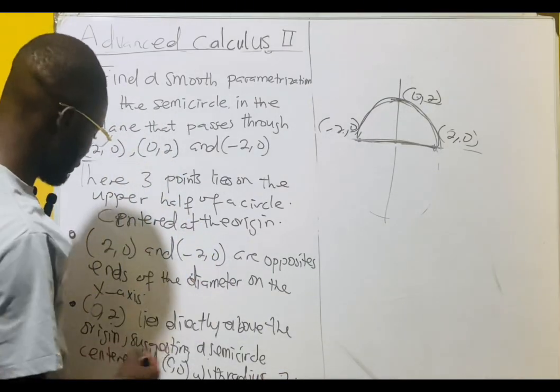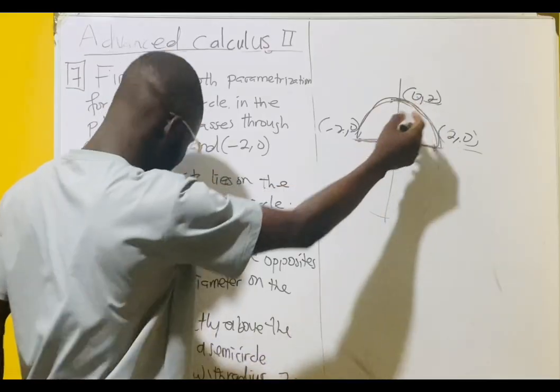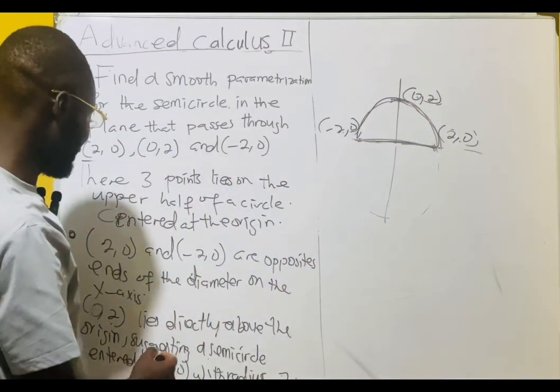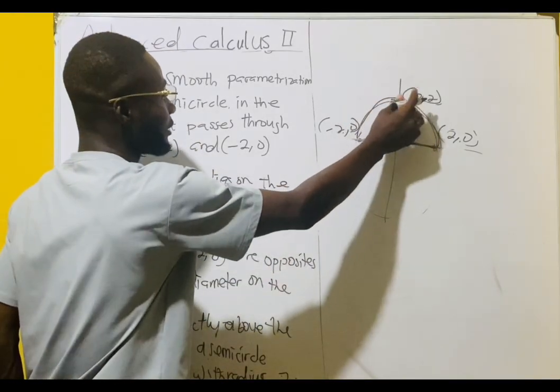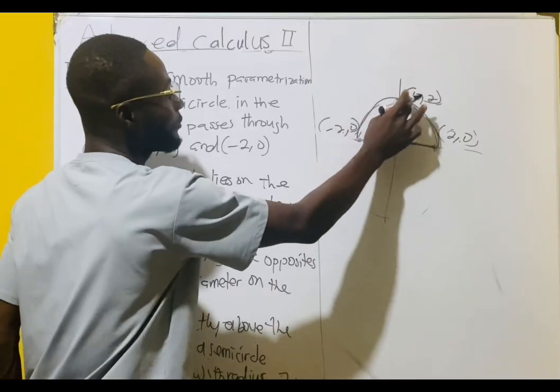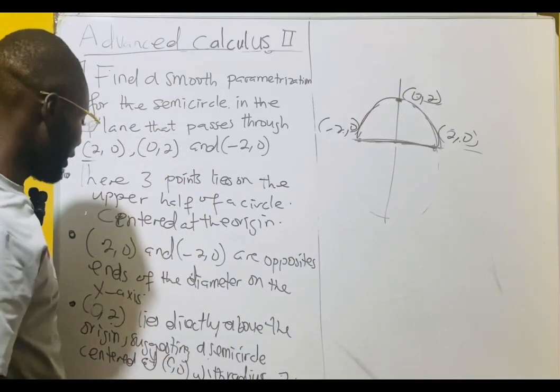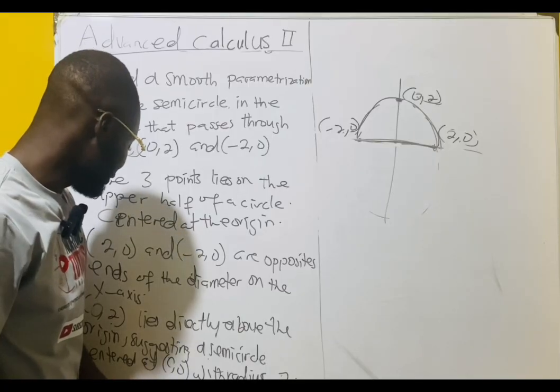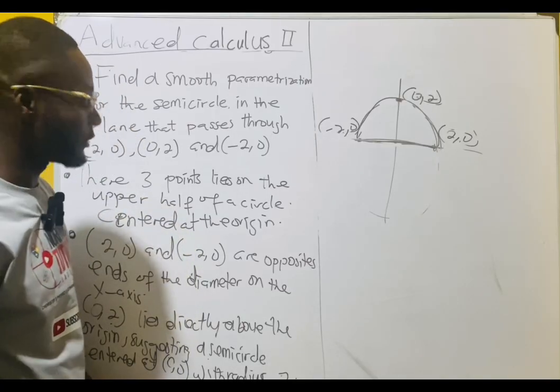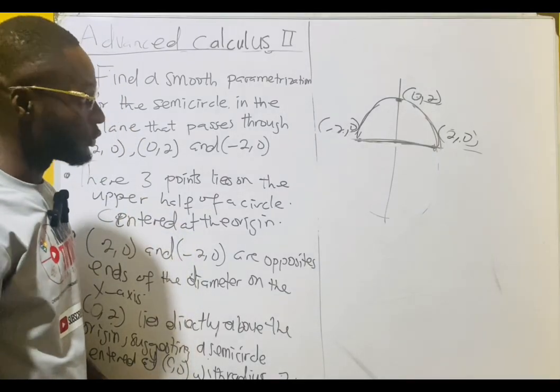So you can see that (0, 2) lies directly above the origin, suggesting a semicircle centered at (0, 0) with radius 2.